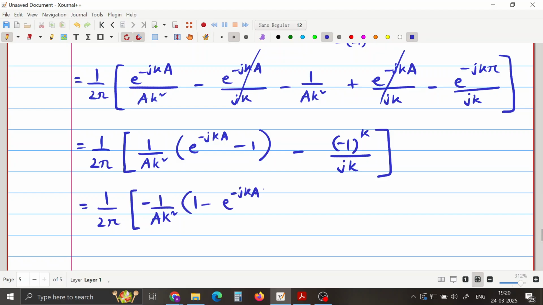I'm just adjusting with a negative sign here. In the second term we have 1 by jk in the denominator, and we have a negative sign in front. So if I have to bring this j in the numerator, I can do that, right? Basically I have minus 1 by j here, so that is nothing but plus j. So j will come in the numerator, so this will give me j into minus 1 to the power k divided by k.